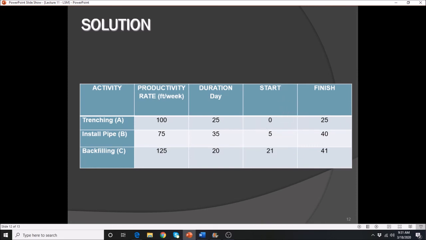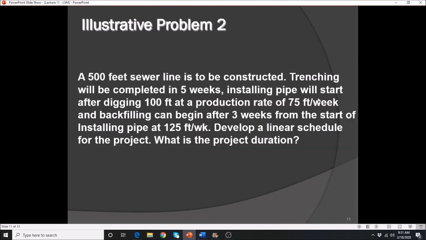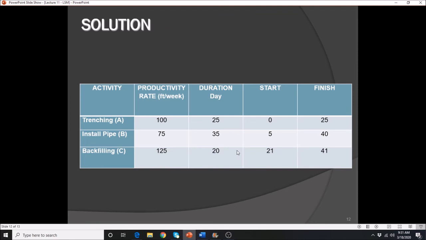Again, you may ask, how do we start at 5 days? Because the problem tells us that we can begin installing the pipe after 100 feet. The only thing we need to figure out is how many days that will be. So you divide that 100 linear feet by your productivity rate of 100 feet per week, which means they will be able to dig 100 feet in 1 week.